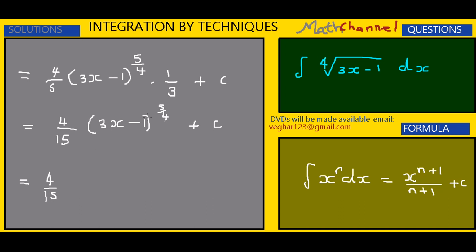This one will go there, and this one will be the root part. The 4 will be the root part, so we put 4 here, and then we'll have 3x minus 1 raised to this 5 will come here, and then plus C.